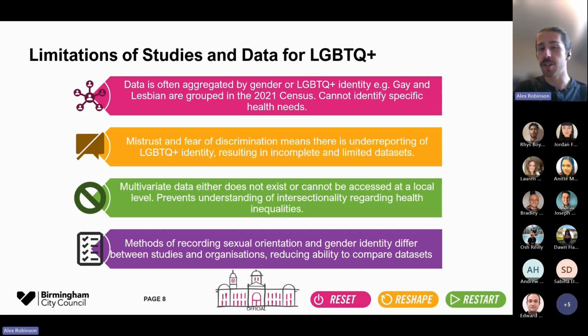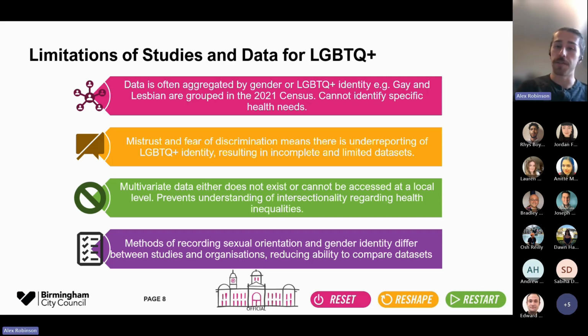Secondly, mistrust and fear of discrimination means that people may choose not to disclose their LGBTQ plus identity. So there are issues with underreporting, meaning that data is generally inaccurate and doesn't show the full size of the community and their experiences.